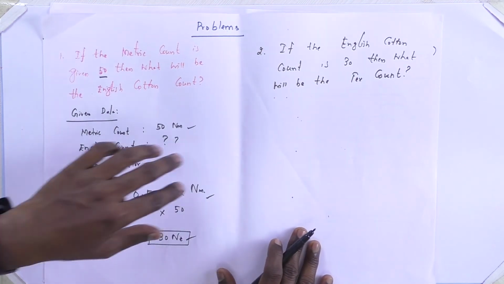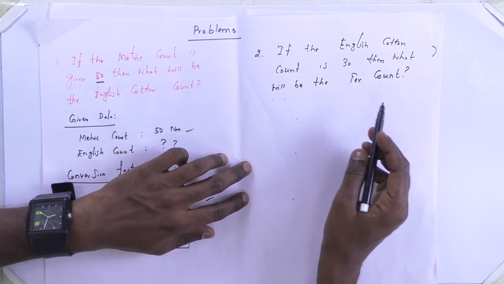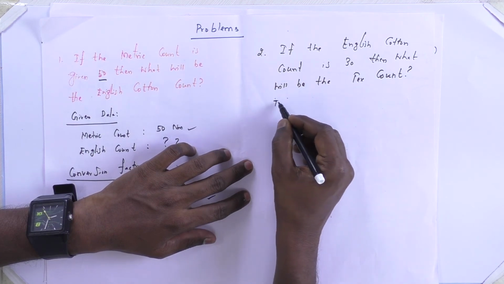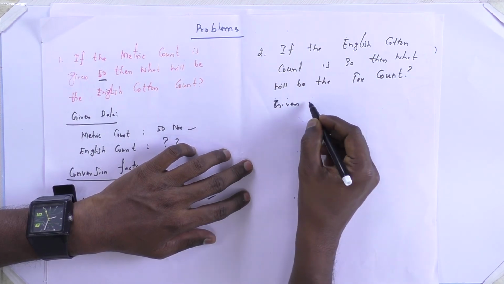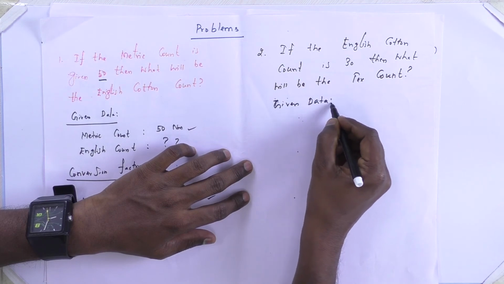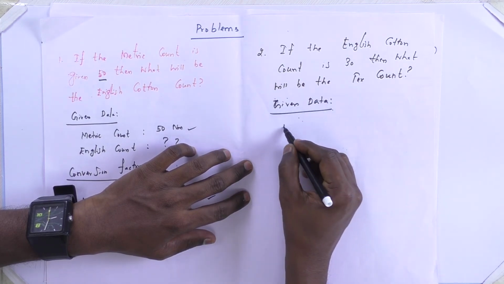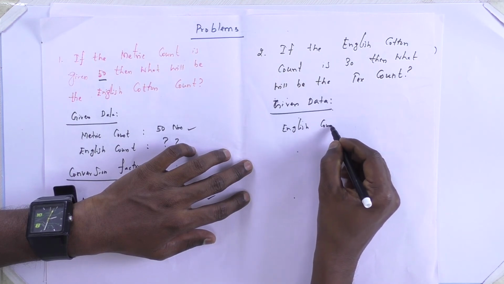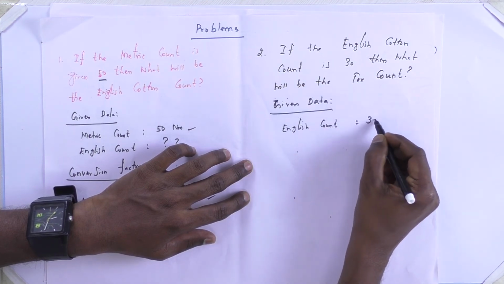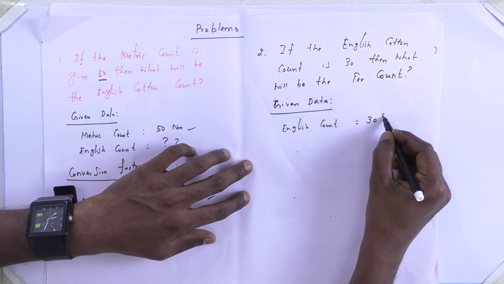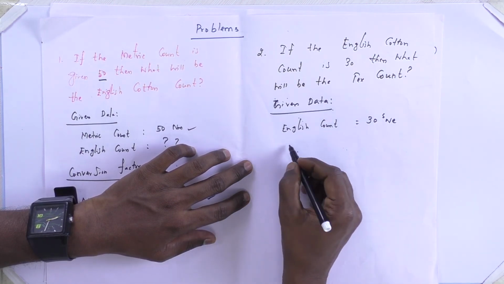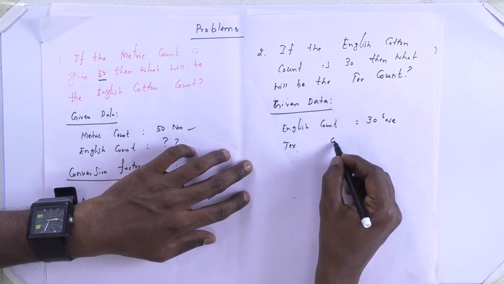Another problem: if the English count is 30, then what will be the tex count? So the given data, English count is 30 NE. What will be the tex count?